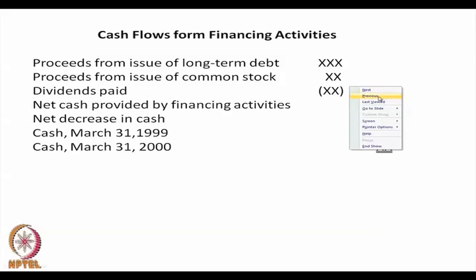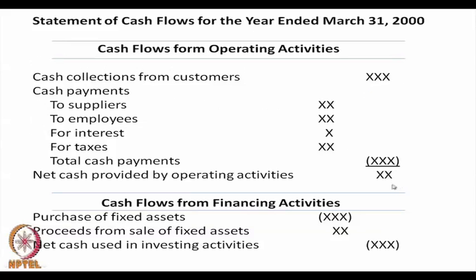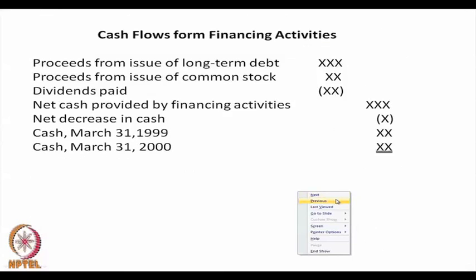So, the sum of this: net cash provided by operating activities, then net cash used in investing activities. Oh, there is a mistake here, this should be investing, I am sorry.